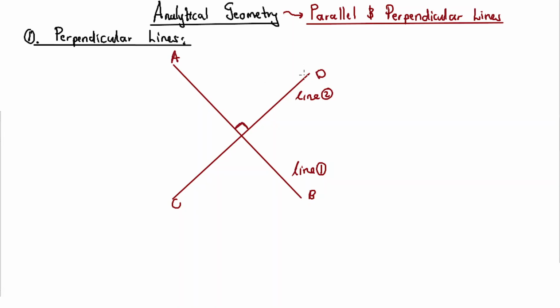Then we took a protractor and measured the angle between A and D. Then we found out that the angle is 90 degrees. What can be concluded about these two lines is that when we take the gradient for line AB and multiply it by the gradient of line CD, their product gives us -1.